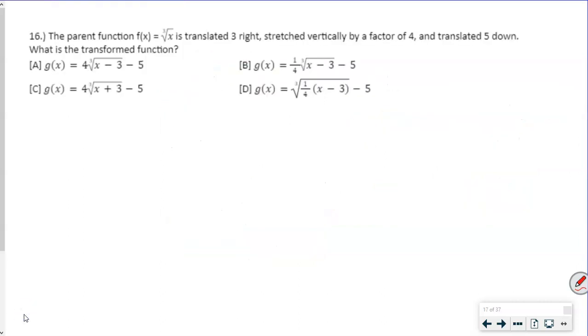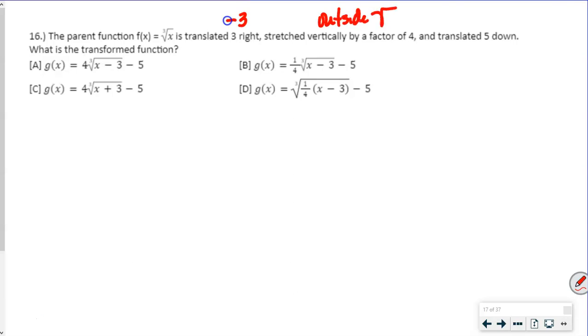So this says the parent function f(x) is a cube root of x, translated 3 right, so that would be minus 3, because remember we always put the opposite of what we think when it's underneath the radical, and that's underneath the radical. Vertically stretched, so that stays 4, and that's going to be outside the radical, right?